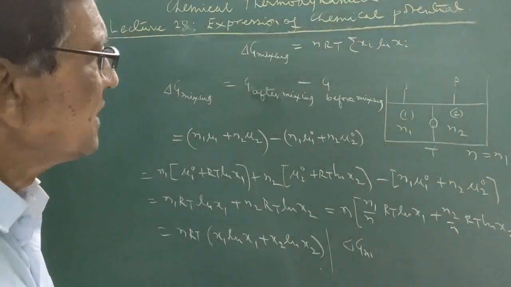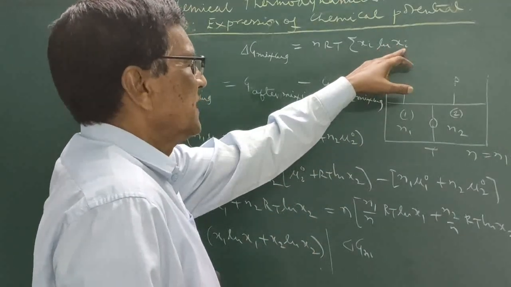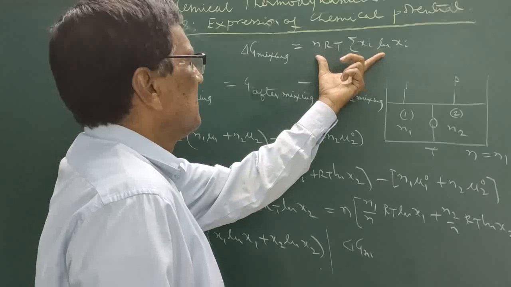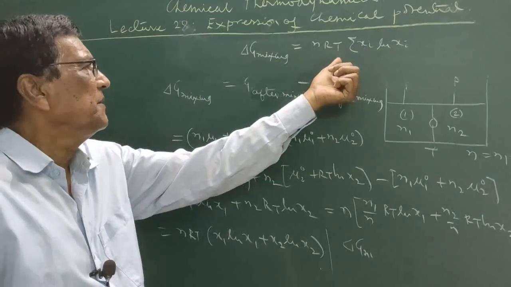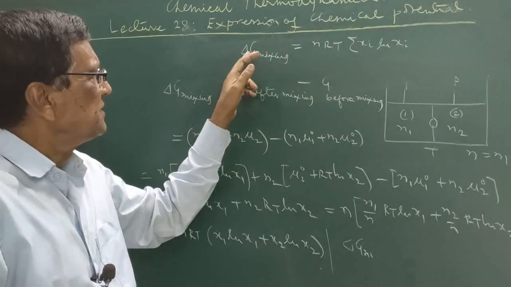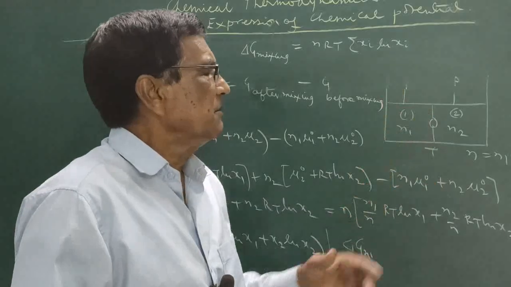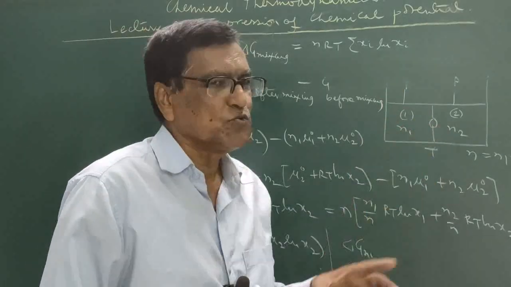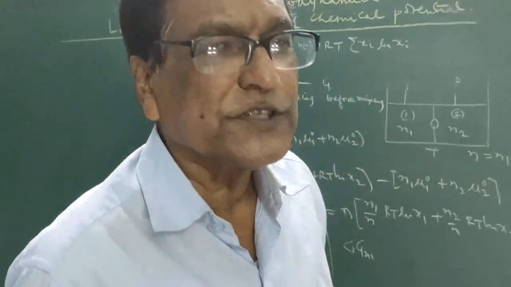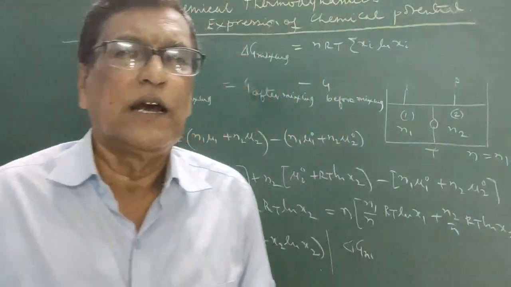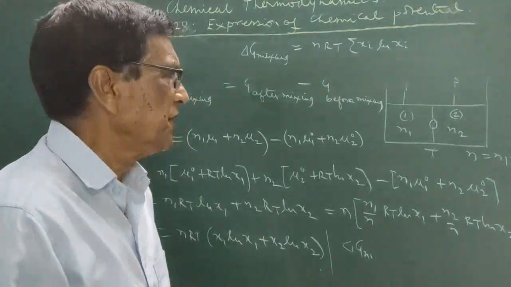This xi is a fraction, so ln xi is negative, so the whole term on the right hand side of this expression is negative. That means the free energy change due to mixing is negative at a given temperature and pressure, meaning the mixing of these two gases becomes spontaneous. So from the chemical potential we arrive at when the mixing process becomes spontaneous.